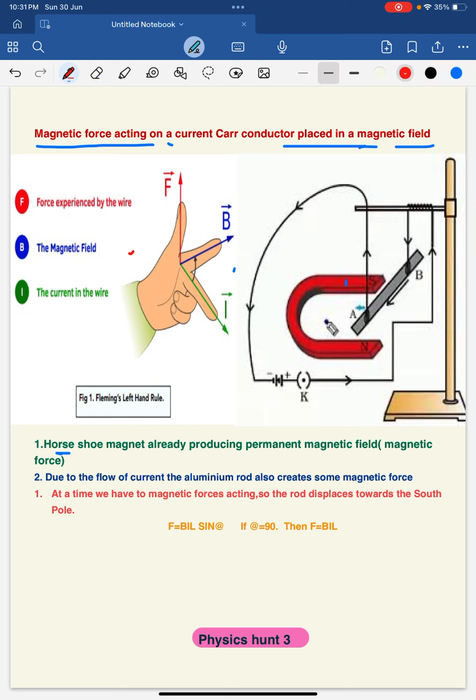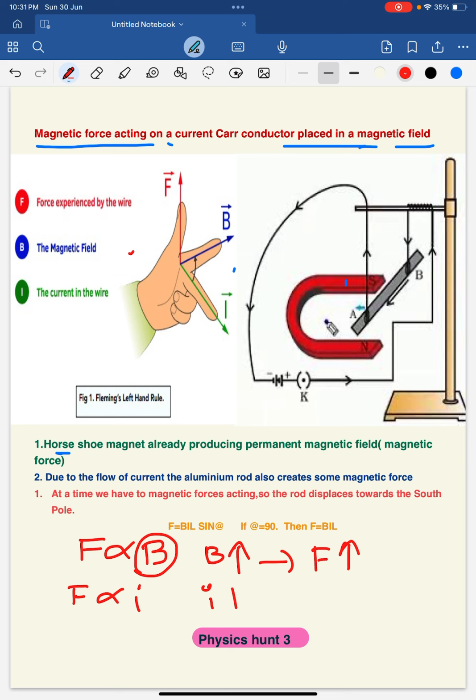So whatever magnetic force was generated, that magnetic force depends on three components. Okay, so magnetic force is directly proportional to B. That means when the magnetic field is maximum, therefore the magnetic force also will be maximum. Okay, so the magnetic force developed depends on the flow of current in the circuit.